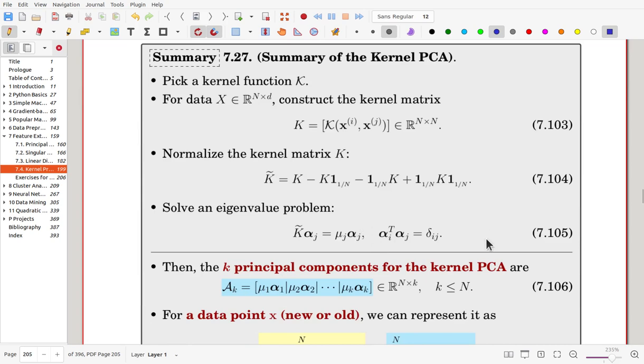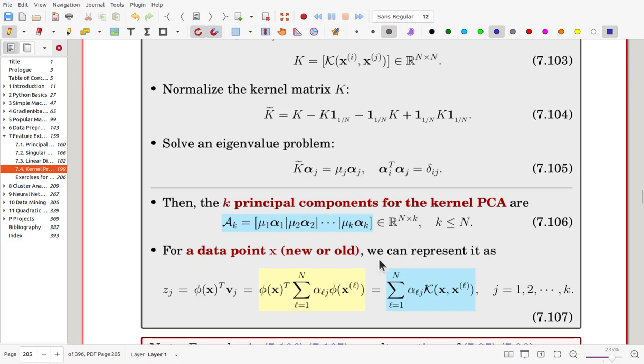Then we solve the eigenvalue problem to get the eigenvalues and eigenvectors of the normalized kernel matrix, and the eigenvectors are usually normalized.